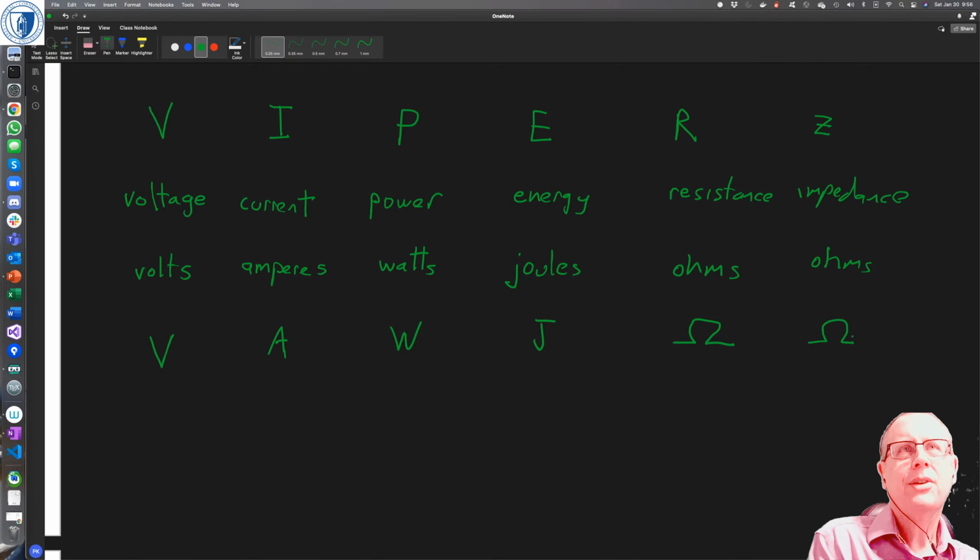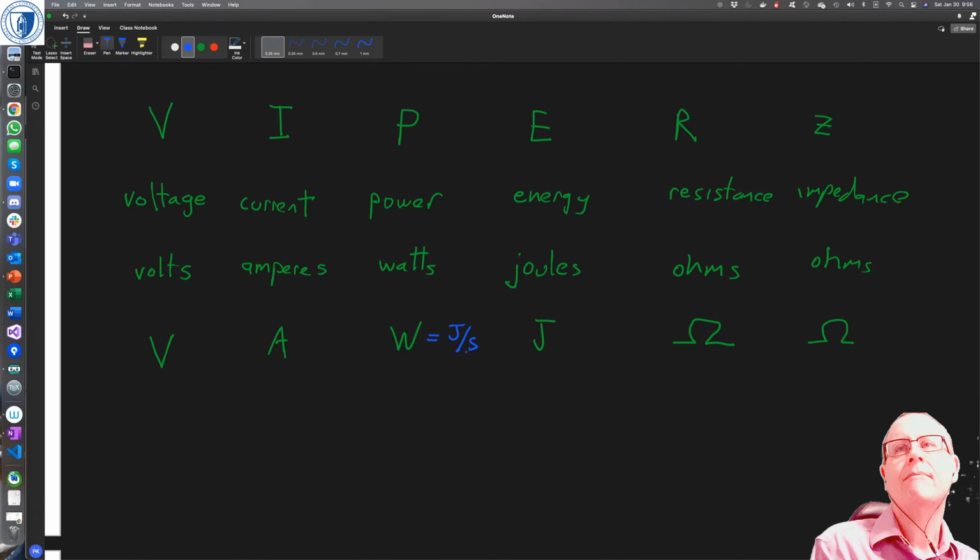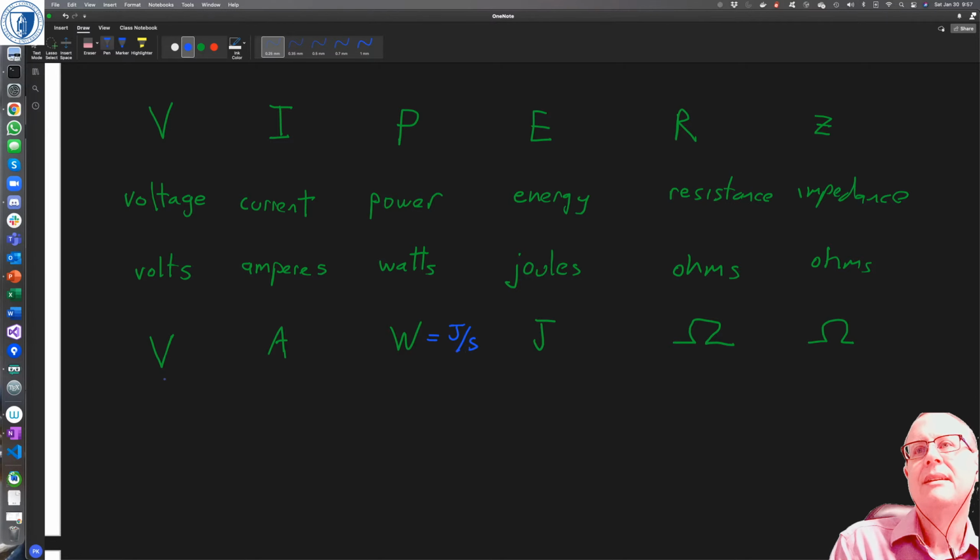Okay, so they're the basic units, and there are some relationships here. Power is actually joules per second. And these three are related: P equals IV.